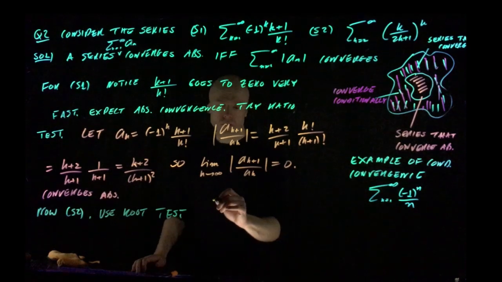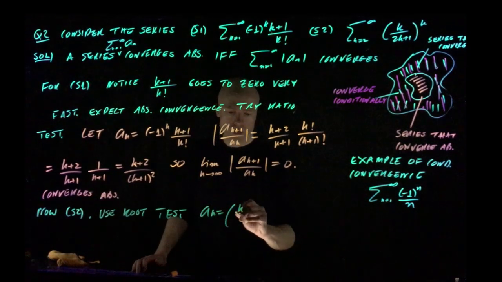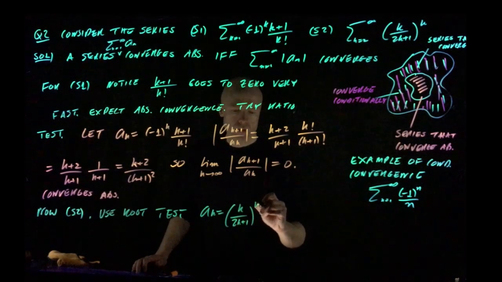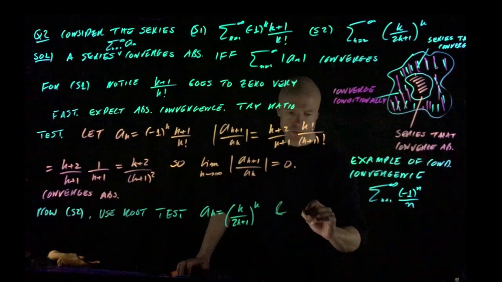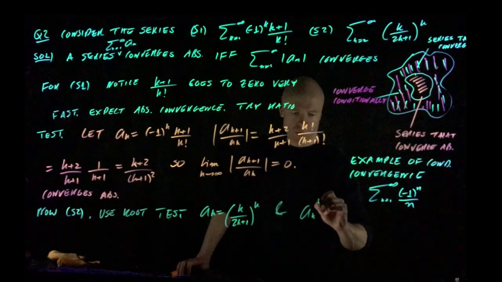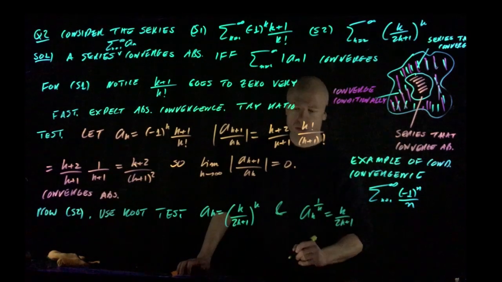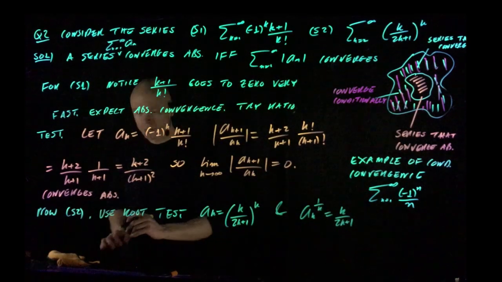So if we let a_k be (k over 2k plus 1) to the k, and we take a_k to the 1 over k, we just get k over 2k plus 1. Right? Which we need the absolute value, but it's positive, so we don't care.